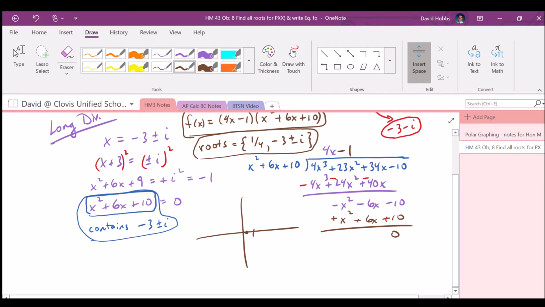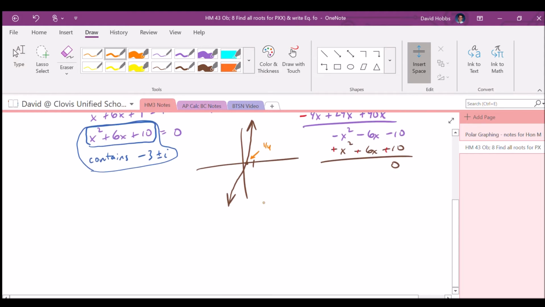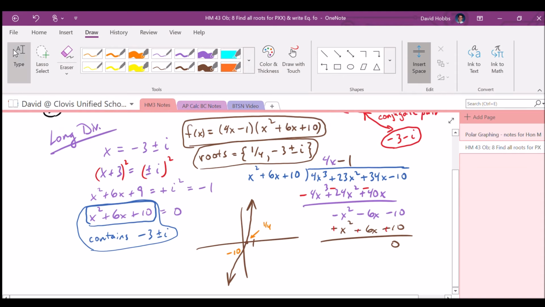You know, give it a little bit of a wiggle going on there, because it is 4x to the third, and labeling the intercepts, that one is 1/4, and the y-intercept, if I plug in 0 for all the x's, is 0, -10. And so we could ask for a graph too. But really, for the homework, all they were asking for was just what are all the roots for that.